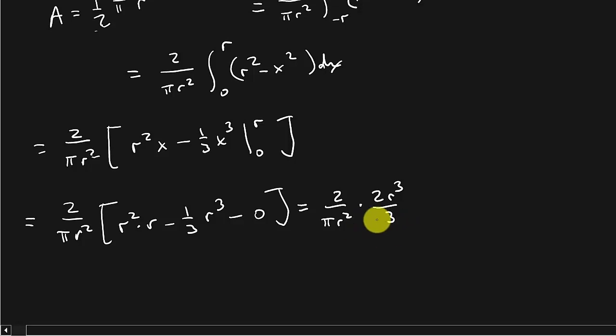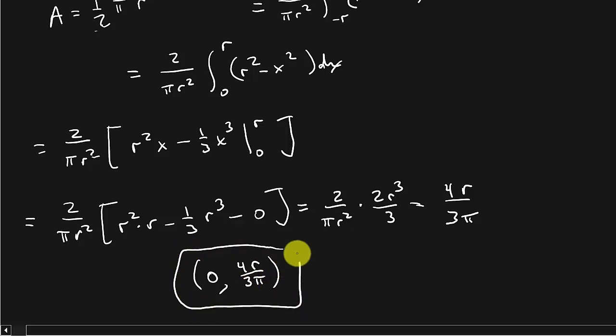And then I can combine those. When I multiply them, I'm going to end up with 4r over 3 pi. So my center of mass is 0, 4r over 3 pi. And there's my center of mass.